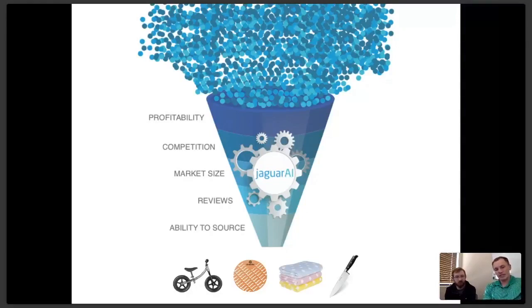And so it's looking at, again, things like profitability, competition, the size of your market, your abilities to source products. All these different things go into making a smart decision.